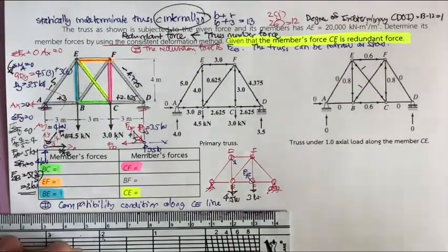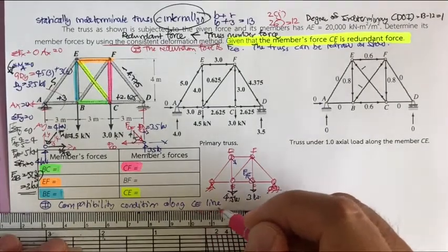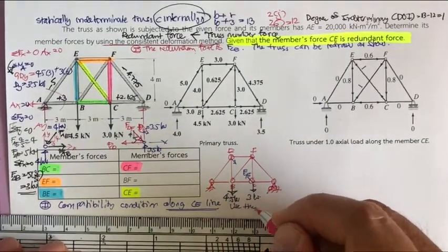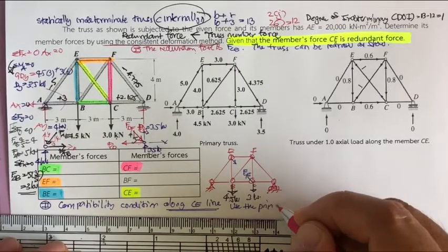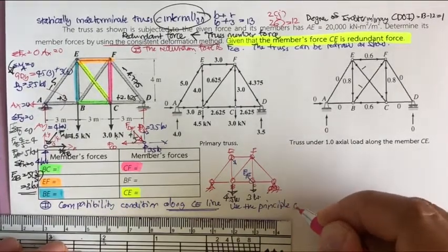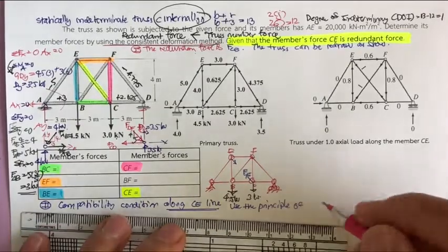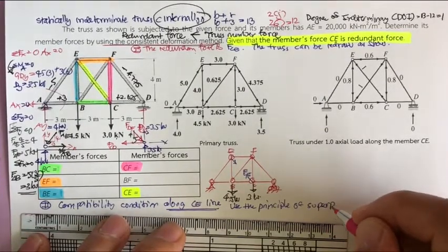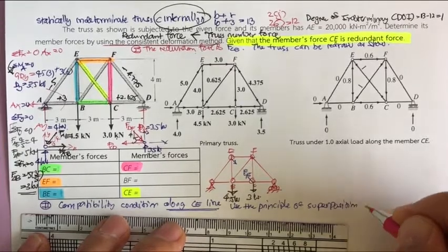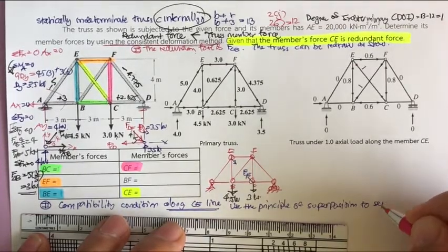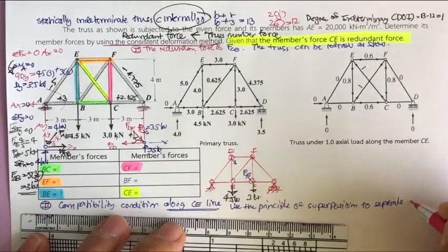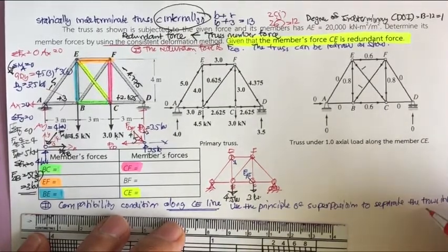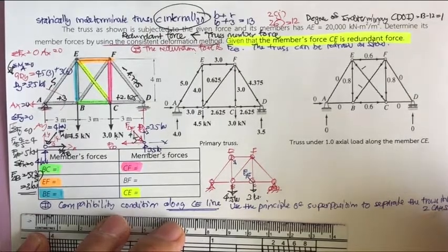How to set this along the CE line? Okay, and then we use the principle of superposition to separate the truss into two cases as shown.